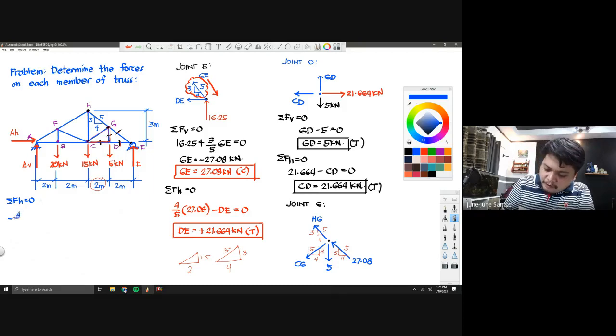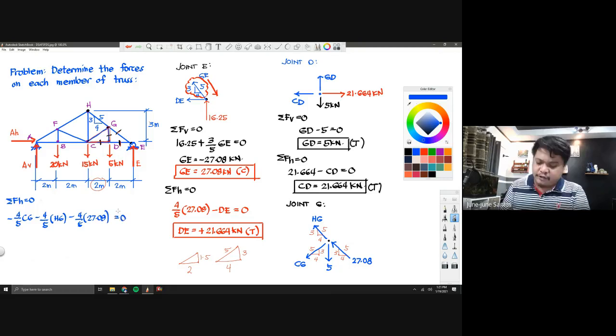So, negative 4 all over 5 of CG minus 4 all over 5 of HG minus 4 all over 5 of 27.08 equal 0. Okay? So, simplifying, pwede mo i-cancel lahat ng 4 all over 5. So, I could say that CG, lipat ko sa kabila, plus HG is equals to negative 27.08.